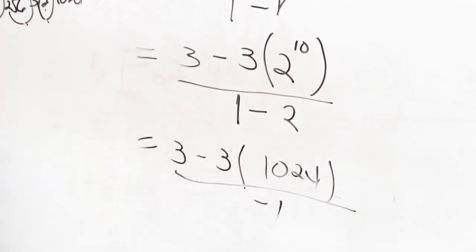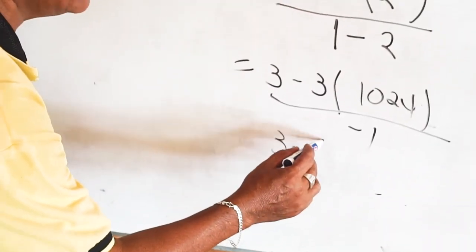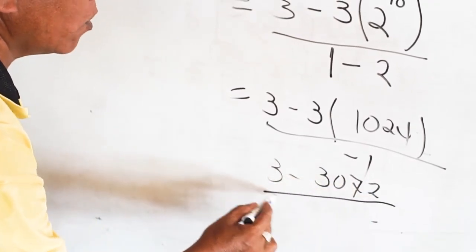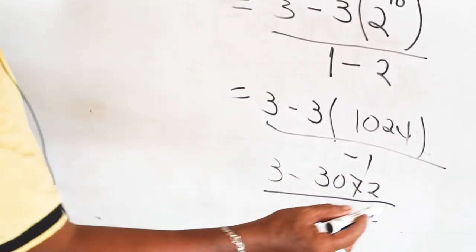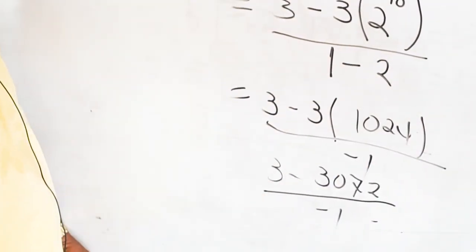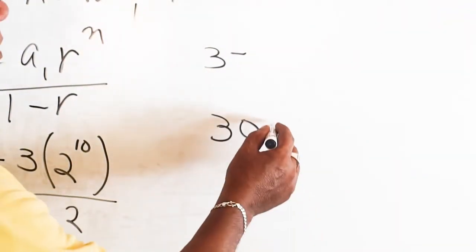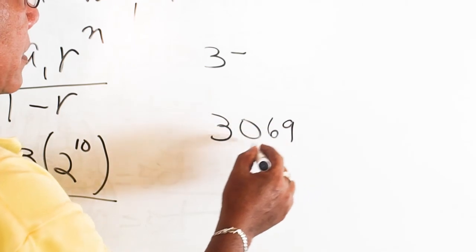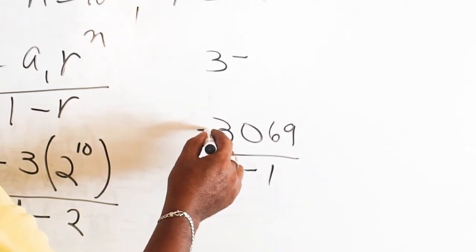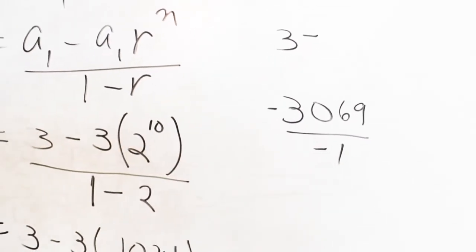Okay, we have 3 minus 1,024 multiplied by 3, so the product is 3,072, then over negative 1. So 3 minus 3,072 equals negative 3,069, over negative 1.